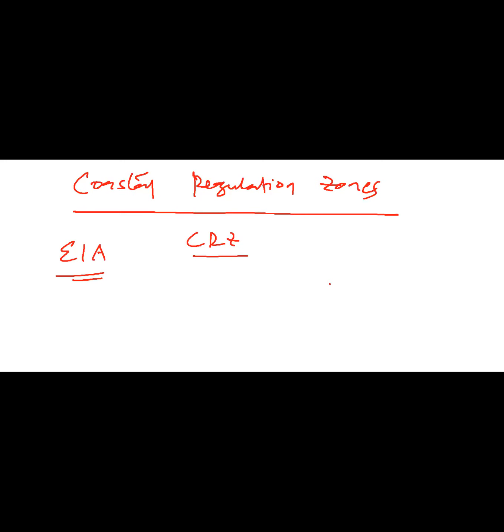So what are these coastal regulation zones? Who regulates them? What are these zones all about? This is the issue. Again, this information you can use in GS paper 3, in the environment section.